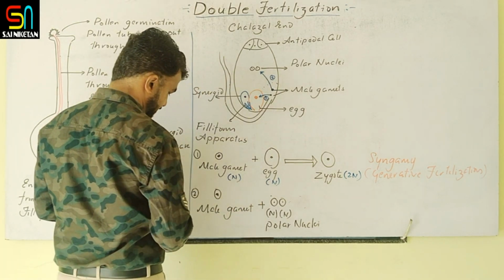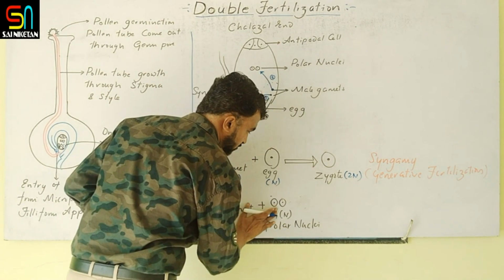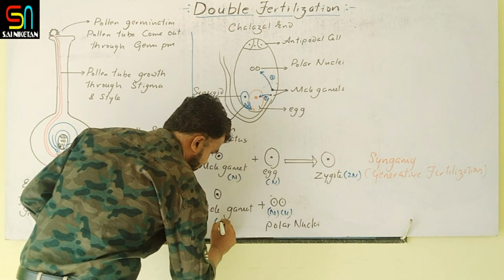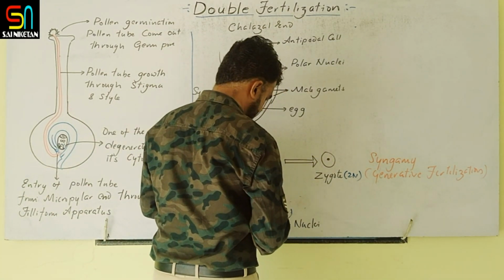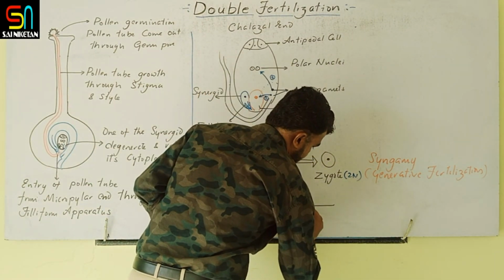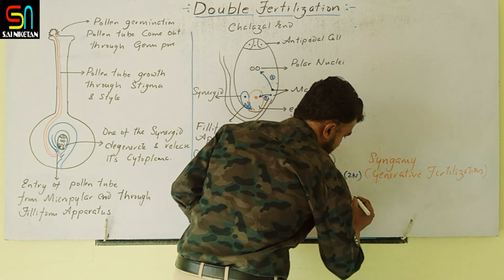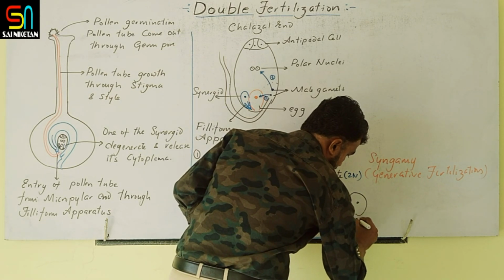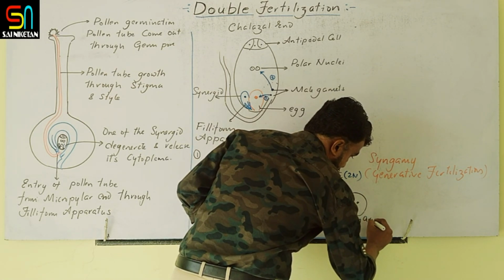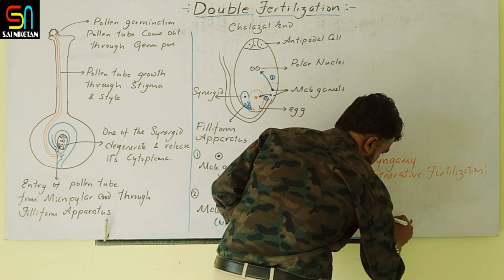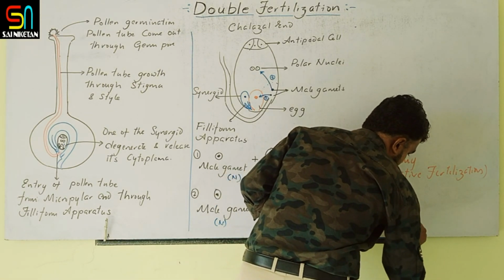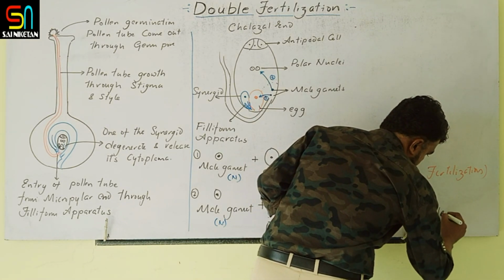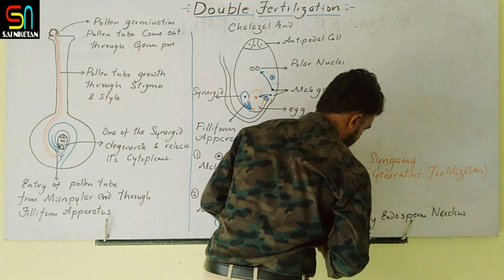So this haploid male gamete fuses with this secondary nucleus, which is diploid, and results in the formation of the triploid primary endosperm nucleus.